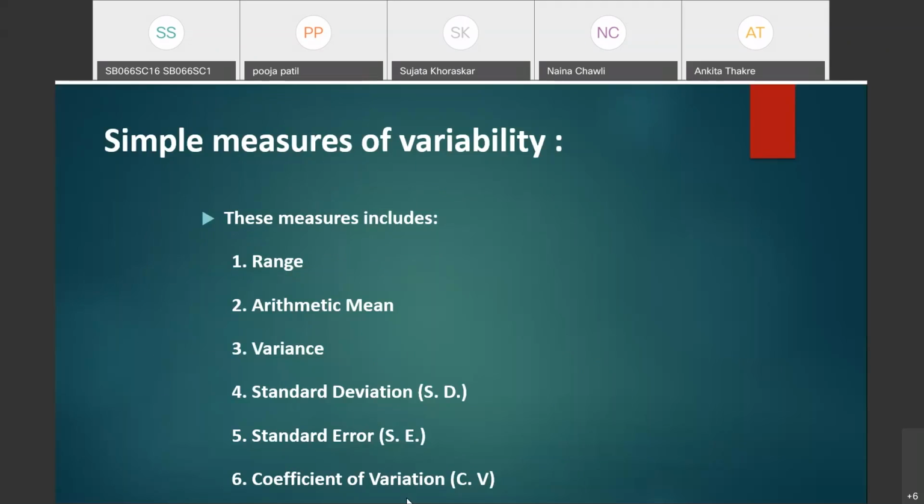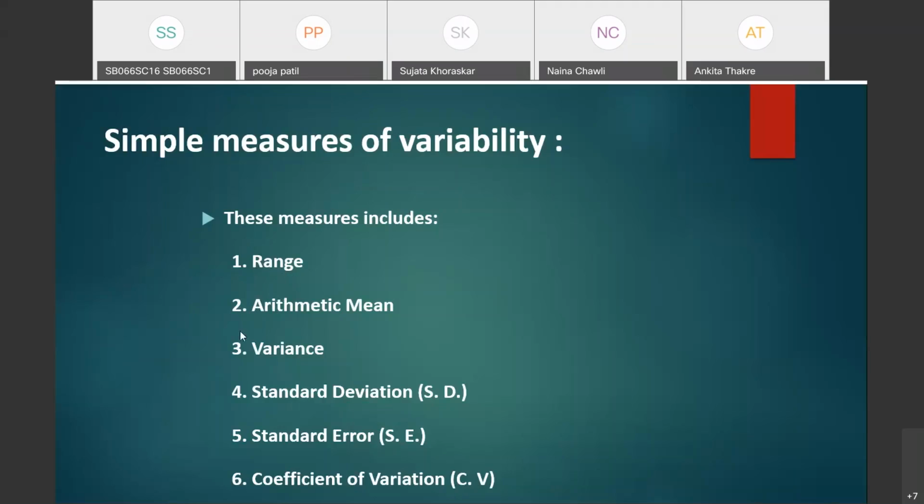There are different measures used for the assessment of variability, and these commonly include: the first one is the range, second the arithmetic mean, third the variance, fourth the standard deviation, fifth the standard error, and sixth the coefficient of variation. These are the six measures very commonly used as measures of variability.